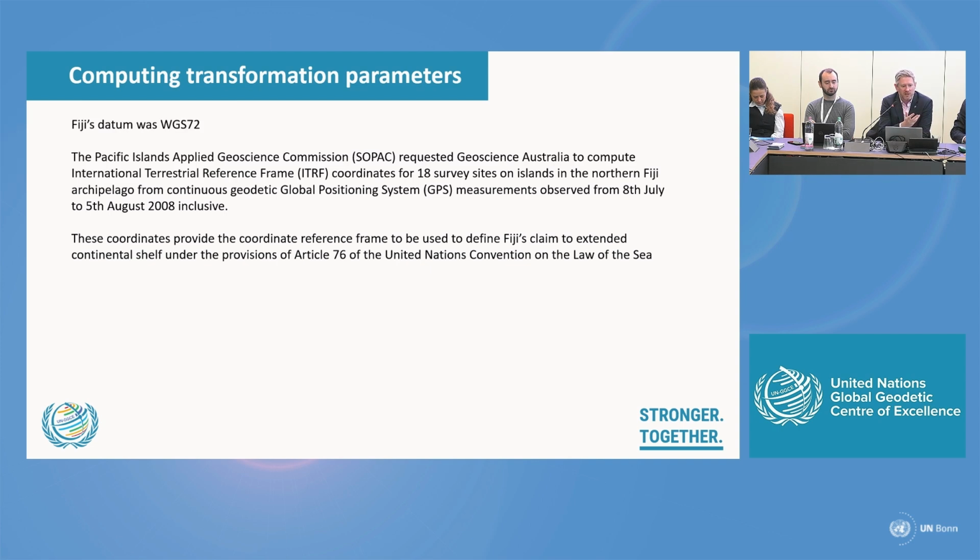They had this challenge of trying to compute transformation parameters to move between WGS72 and something in ITRF so that their data would line up better. A big part of it, as I mentioned the other day, was the UN Convention on Law of the Sea. They wanted to have these 18 survey sites on different islands throughout northern Fiji in the same reference frame so that they could submit this data for the Convention of Law of the Sea.